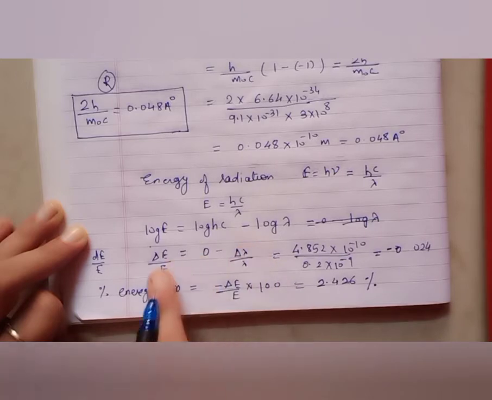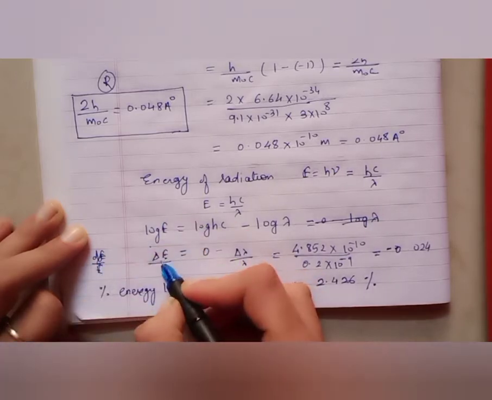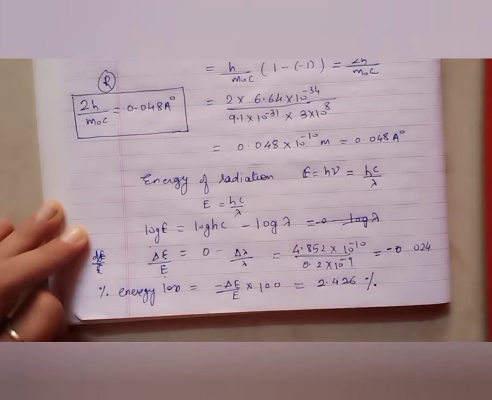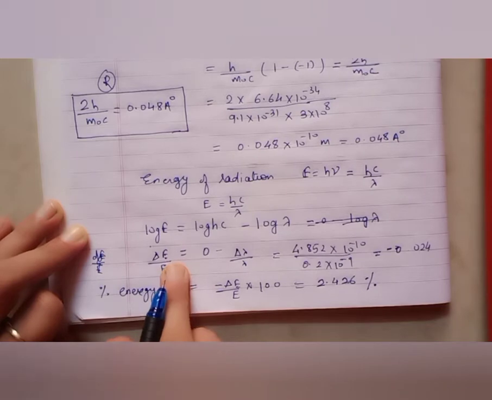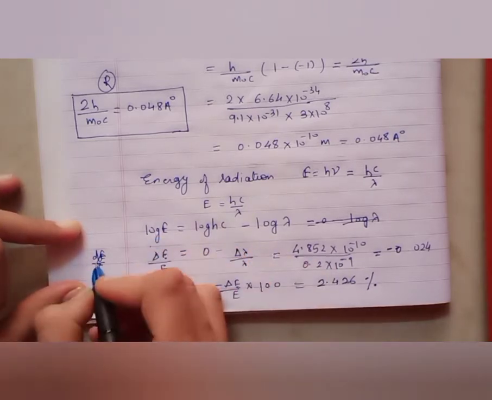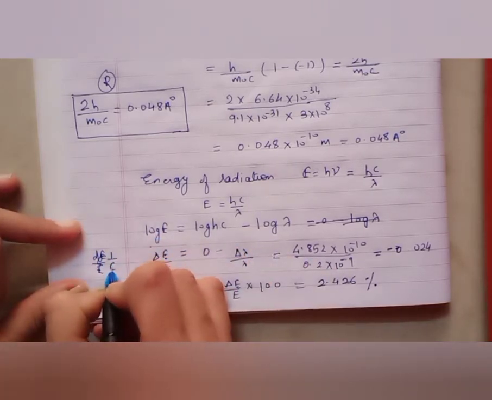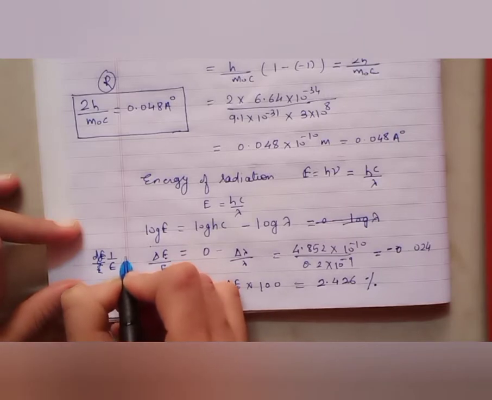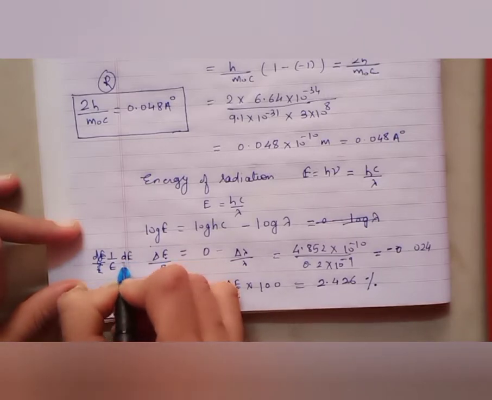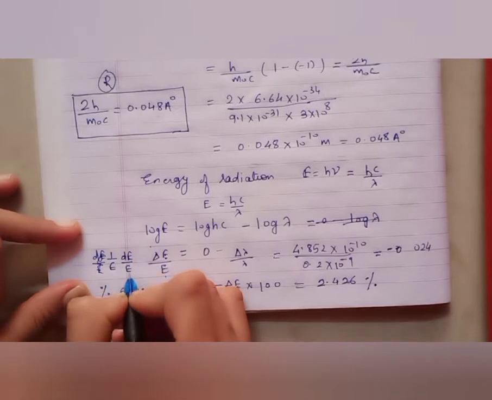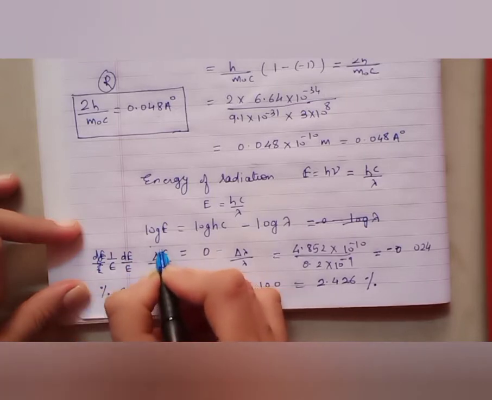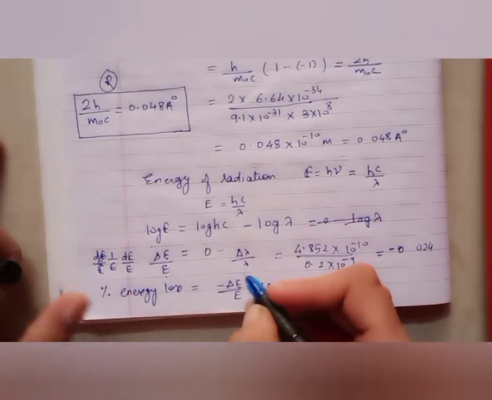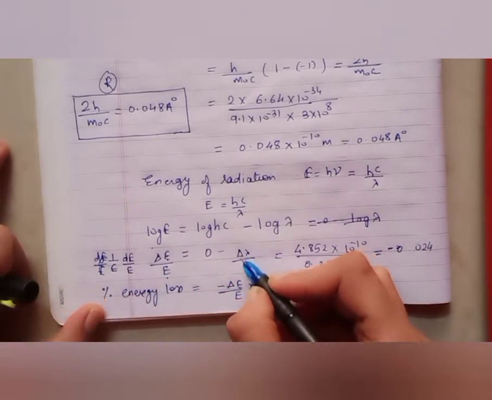Same way here, 1 by E into delta E. Delta E shows the change. When I take the derivative of log E, it is 1 by E into dE. So I represent this change in energy: delta E upon E equals delta lambda upon lambda.